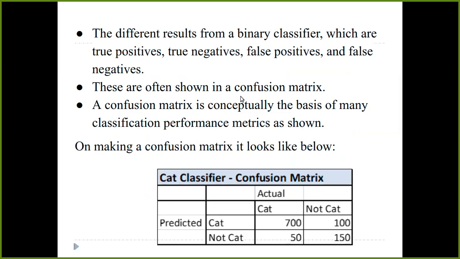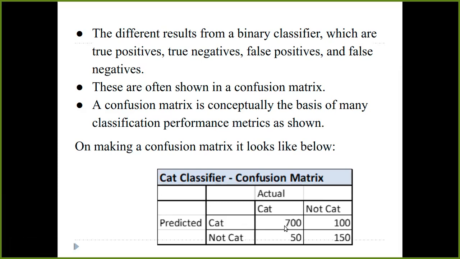A confusion matrix keeps track of which data items belong to these four categories. At a time, a data item can belong to only one of the categories. So the confusion matrix gives this clear chart.